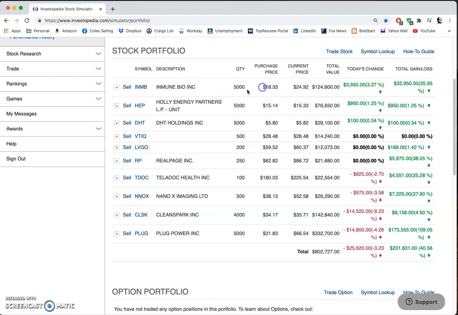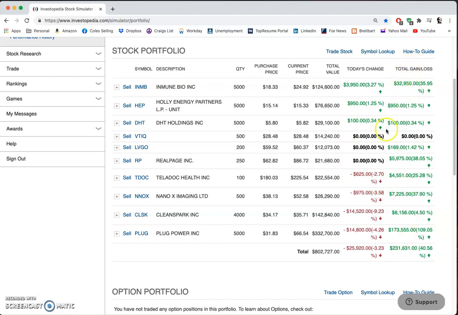I bought 5,000 shares of it at $18.33. It's currently sitting at $24.92. If it's green here, that means it's up. The total gain or loss means it's up. Today I had some losses, but by and large, it's been a pretty good run so far.